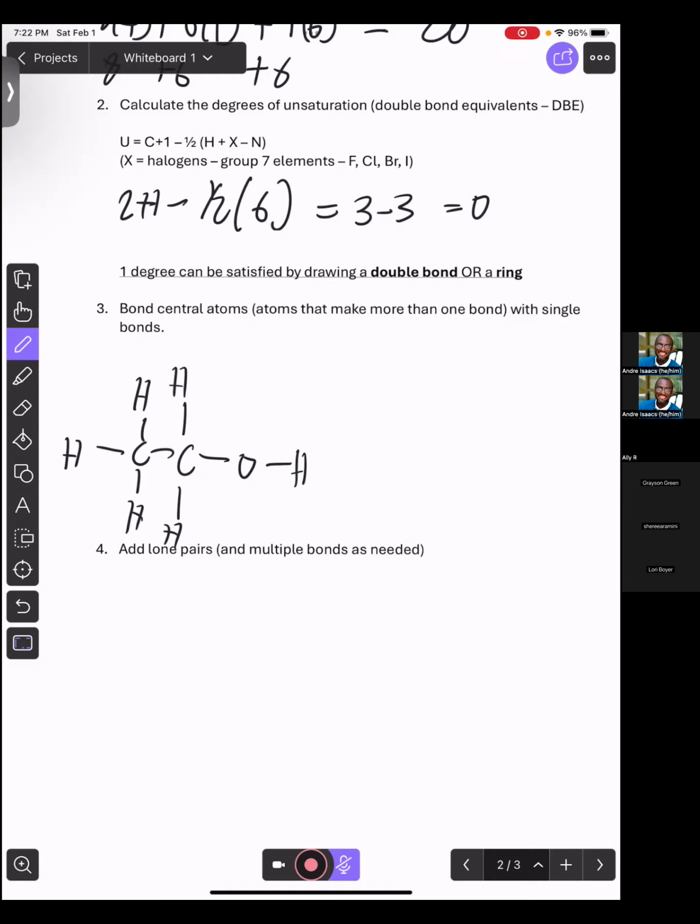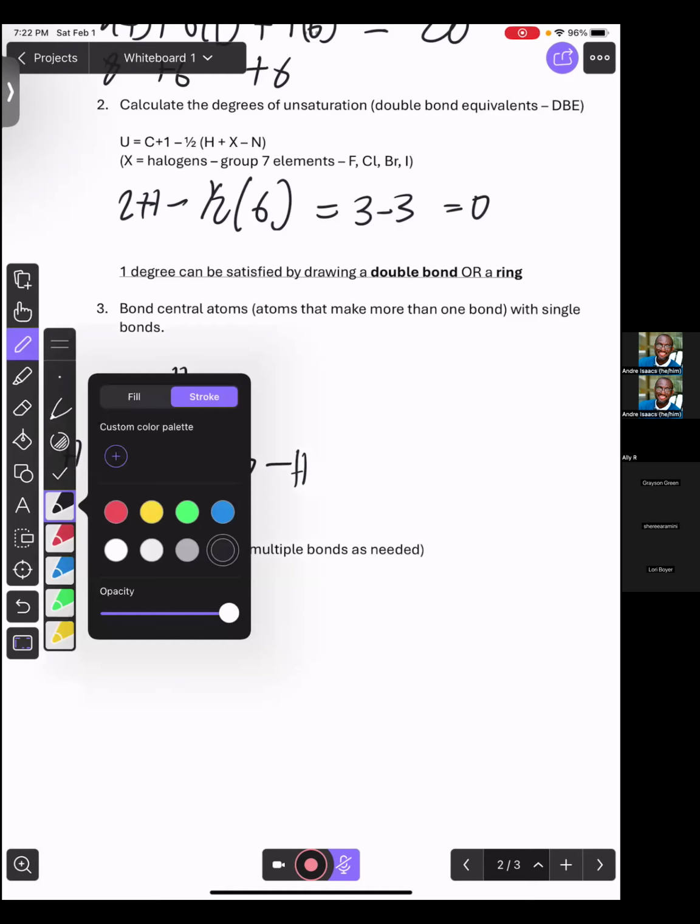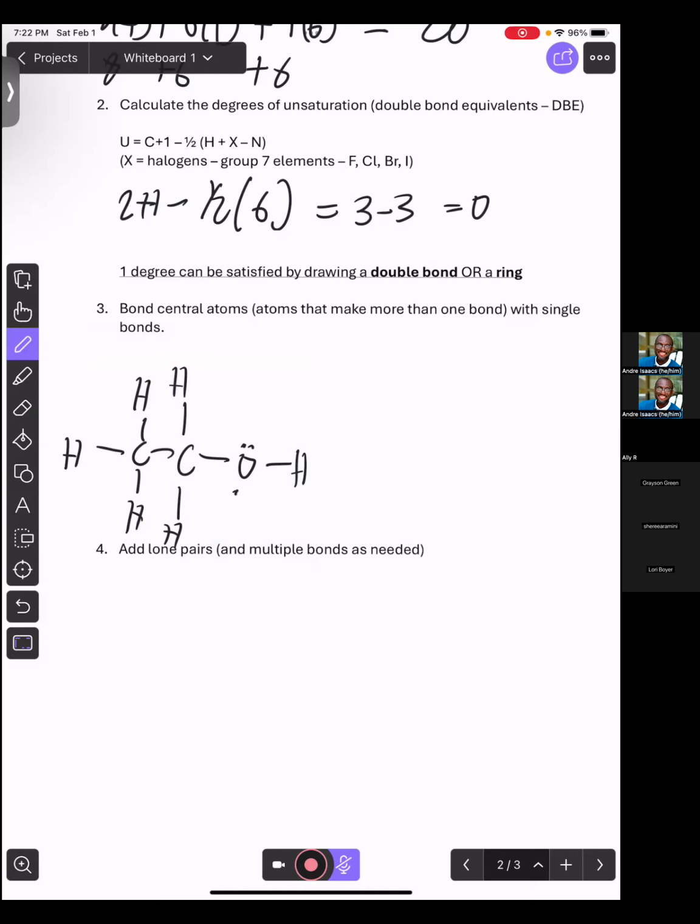So remember, all the atoms want to get 8 electrons. And so carbon, I can see, has 8, and hydrogen wants to get to 2. Oxygen is the only one that isn't at 8. And so that means the oxygen should have 4 more electrons on it, right? And so that would be the correct structure, a possible structure for this molecule.